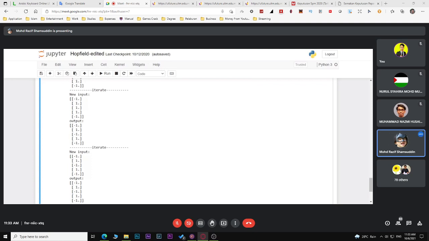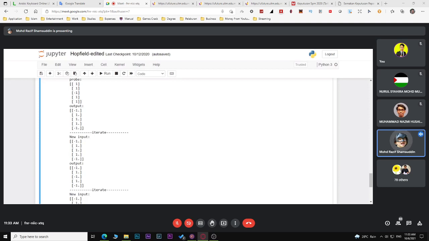Maknanya neuron kalau dia even kan, dia boleh jadi alternate tau. Maknanya dia macam ni. Contoh saya bagi. Dia boleh jadi ini menghasilkan output ni, lepas output ni menghasilkan ini balik.